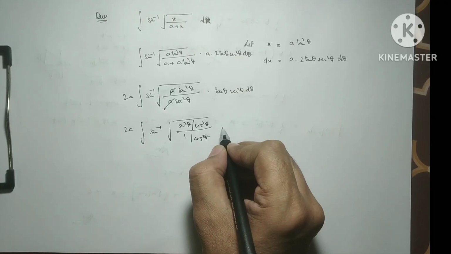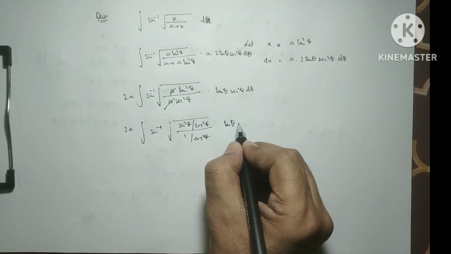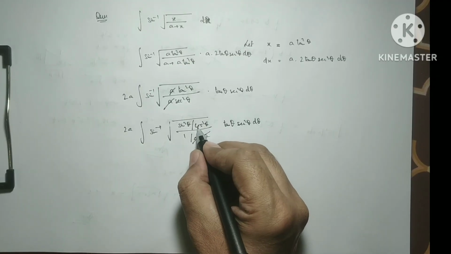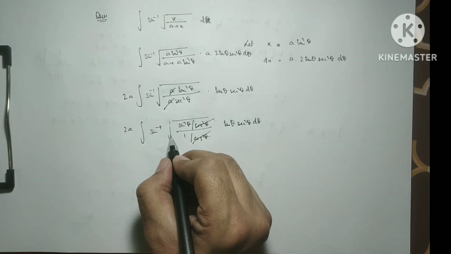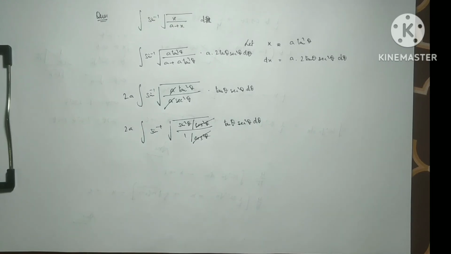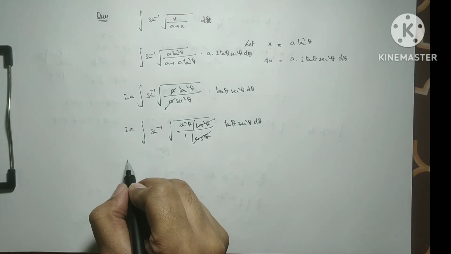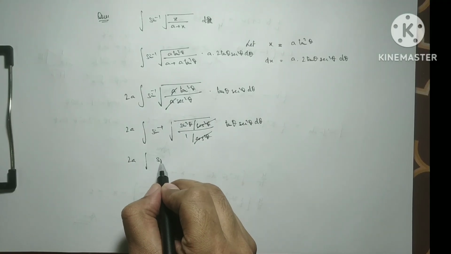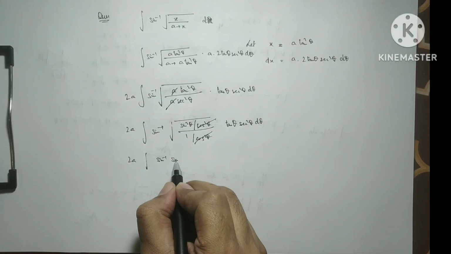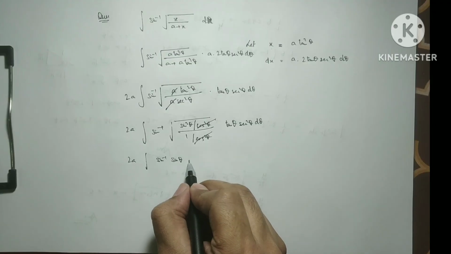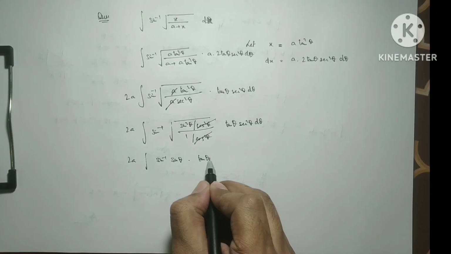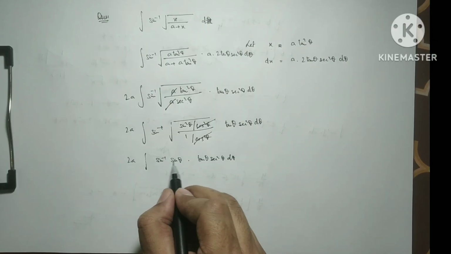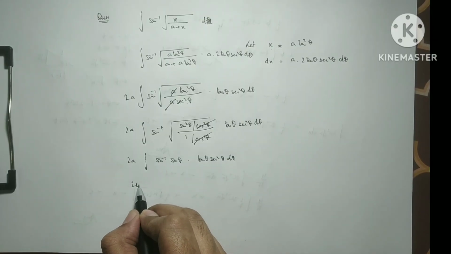So cos square theta will be cancelled out, and this is under root sine square theta. Now this is 2a, and this is sine inverse sine theta, and this is tan theta sec square theta d theta. This becomes theta only.